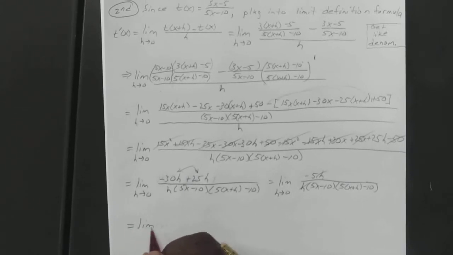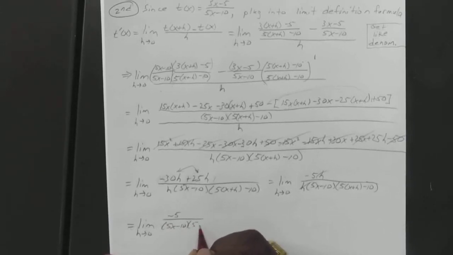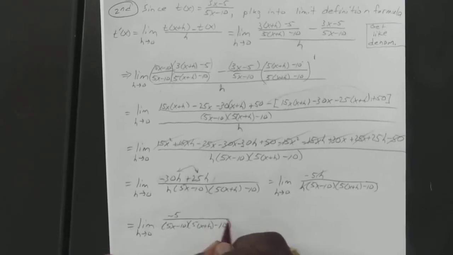So you have the limit as h approaches 0 of negative 5 over 5x minus 10 times 5x plus h minus 10.